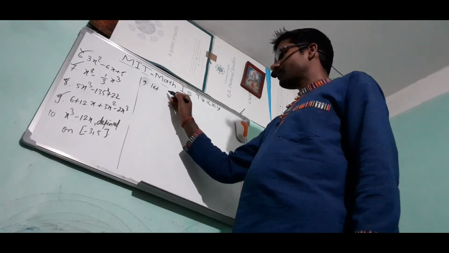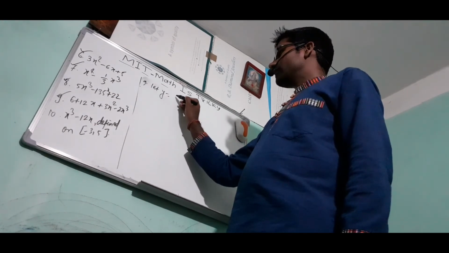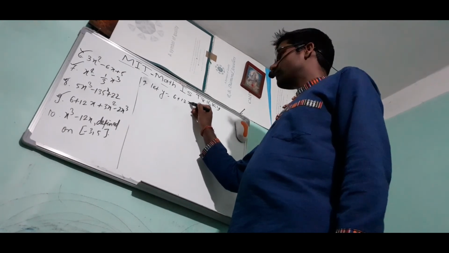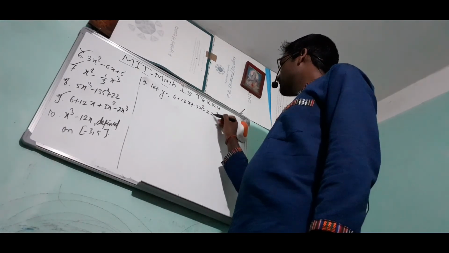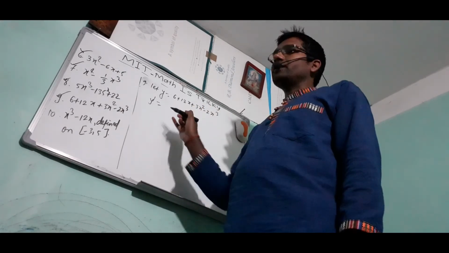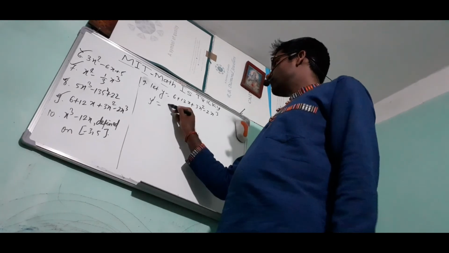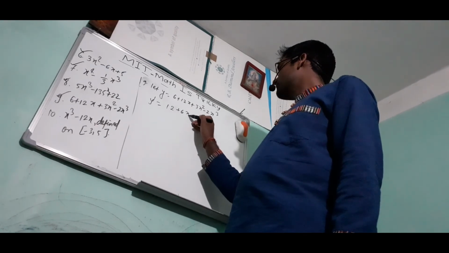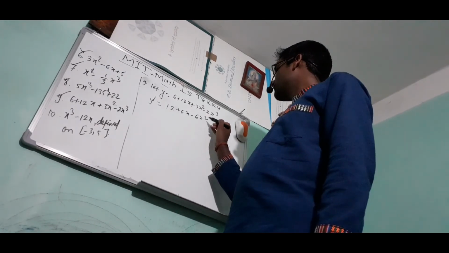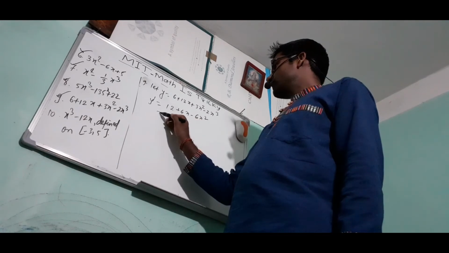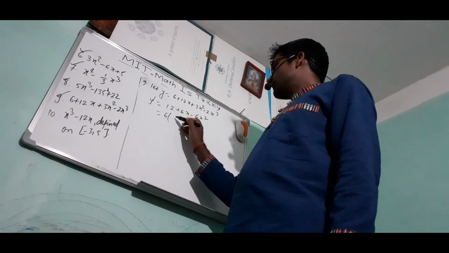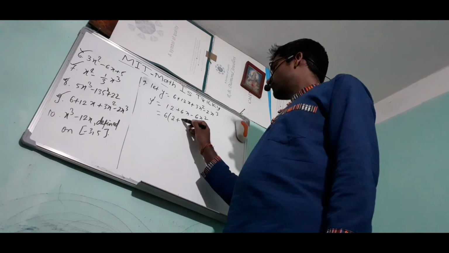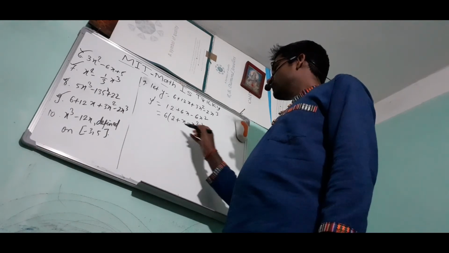Let y equals 6 plus 12x plus 3x square minus 2x cube. As before, let's find the first derivative, so simply it will be 12 plus 6x minus 6x square. Let's take 6 as common, so it will be 6 times 2 plus x minus x square.